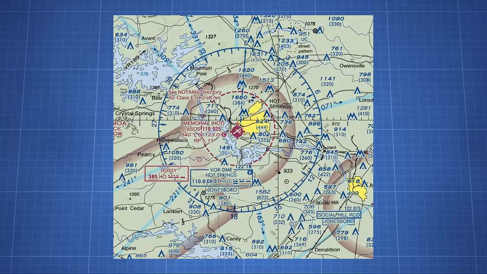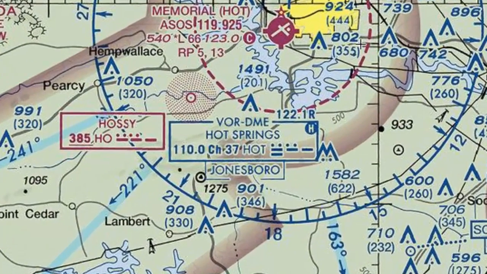So our next step in the process of using VORs is tuning to and identifying the VOR that we want to use. We get the VOR information from our charts, or the airport and facilities directory. You can see here on our sectional chart, we can look down at the VOR we want to use, and in the box, we can get our VOR frequency.